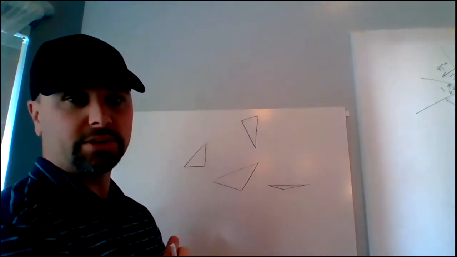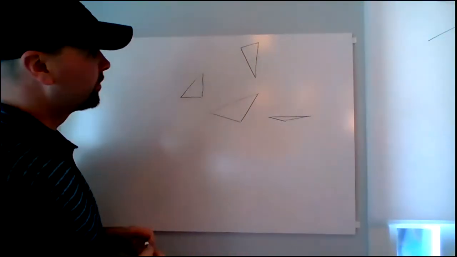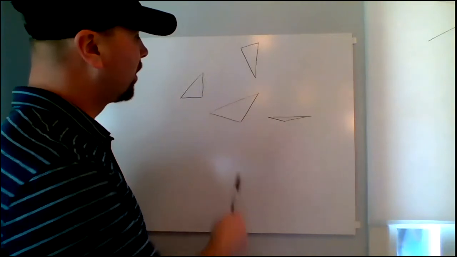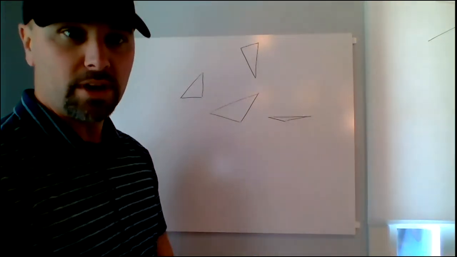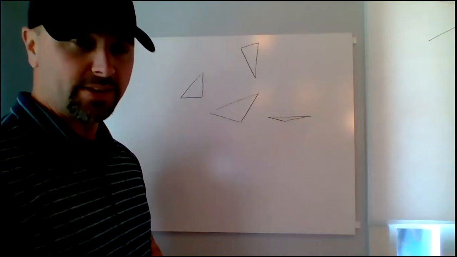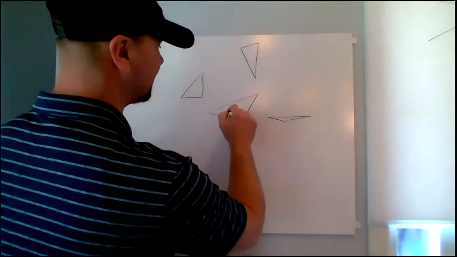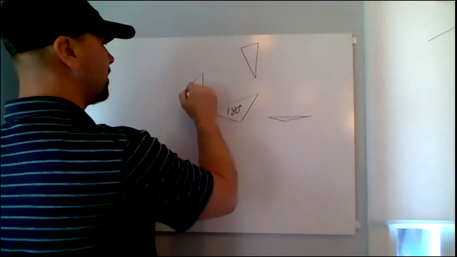Regardless of what the triangle looks like, which you can see in a couple of different examples here, it doesn't matter which direction they're going or what the angles look like. What we know is that every triangle has 180 degrees split between those three angles, okay?